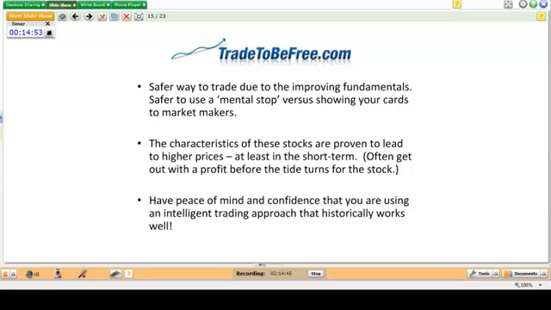Now, I just want to recap some of the advantages of using this type of fundamental analysis with your technical analysis in your trading. And one real advantage of doing this is that you feel more confident not having a hard stop loss when you're in a stock.